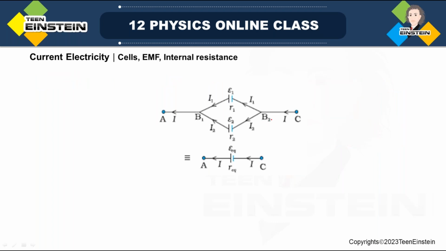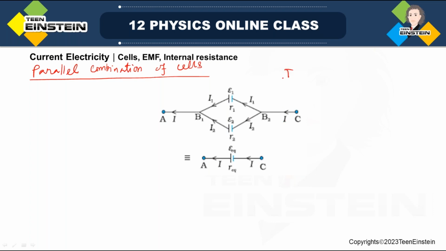So for the parallel combination of cells, what we need to do is find out the current flowing through each branch and add them to get the total current.